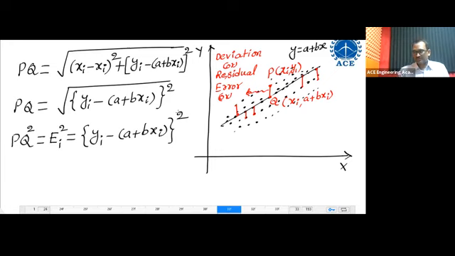If you can minimize the distance between P and Q, then the point P comes close to Q. That means the point P also almost lies on the curve, and then the curve will pass through that point P also. In this manner, by minimizing the distance between these two, it comes onto the curve.